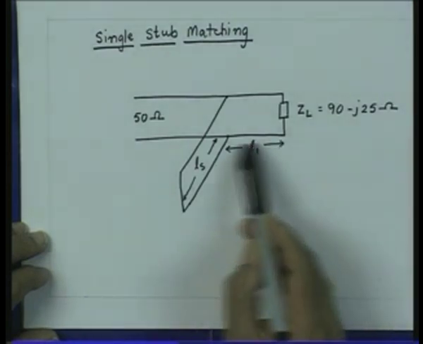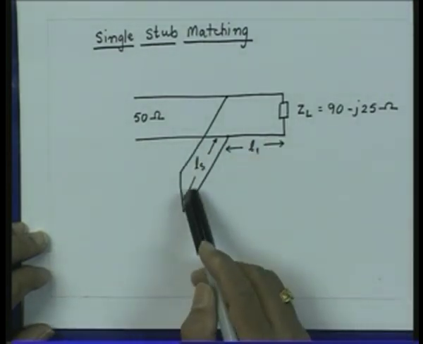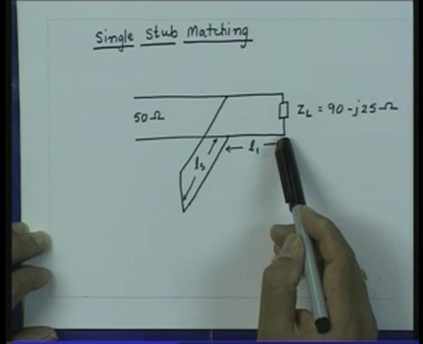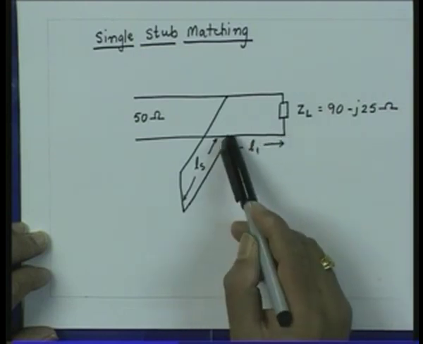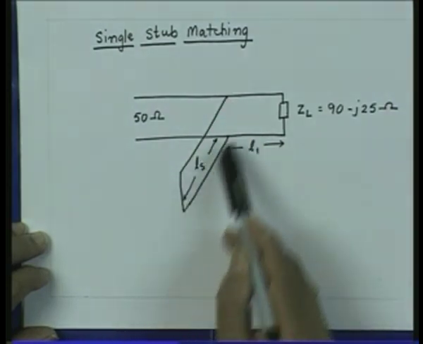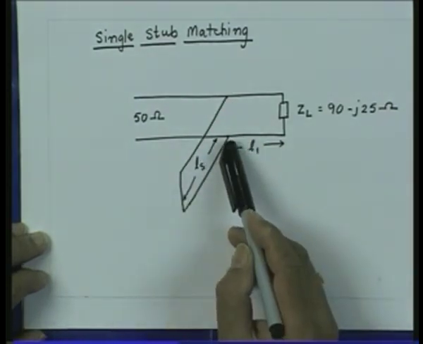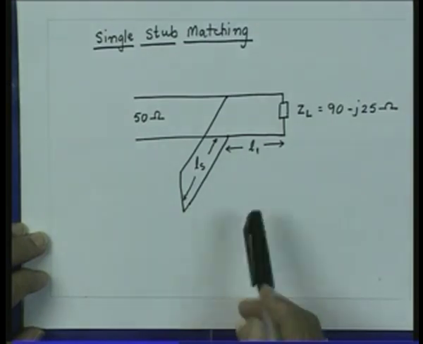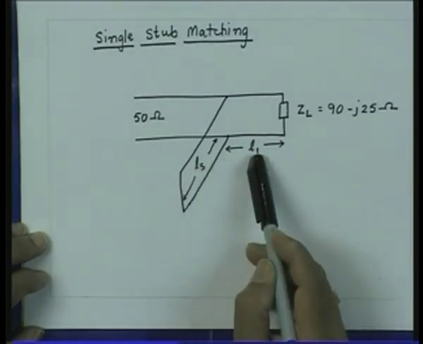So, the parameters which are to be now calculated are the length of the transmission line L1, that gives the location where the stub is to be introduced on the main line, and the length of the stub Ls. So, these two quantities are unknown.